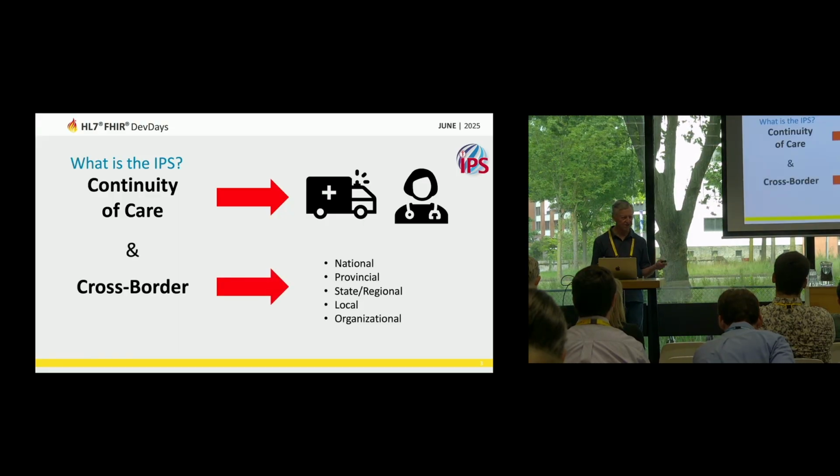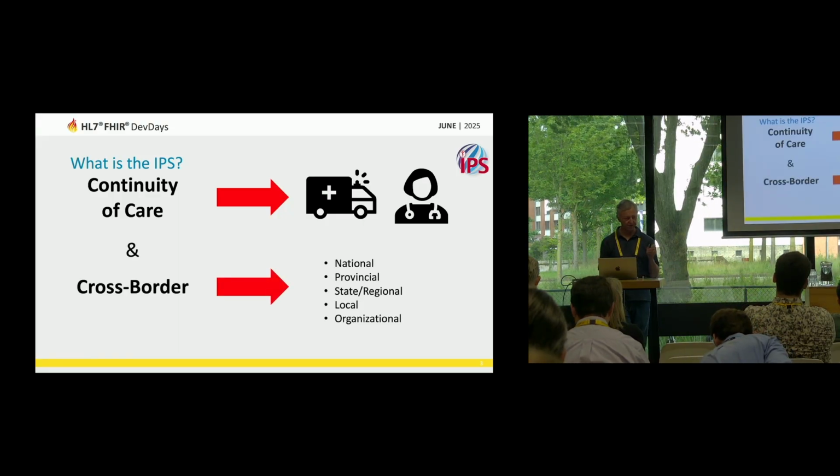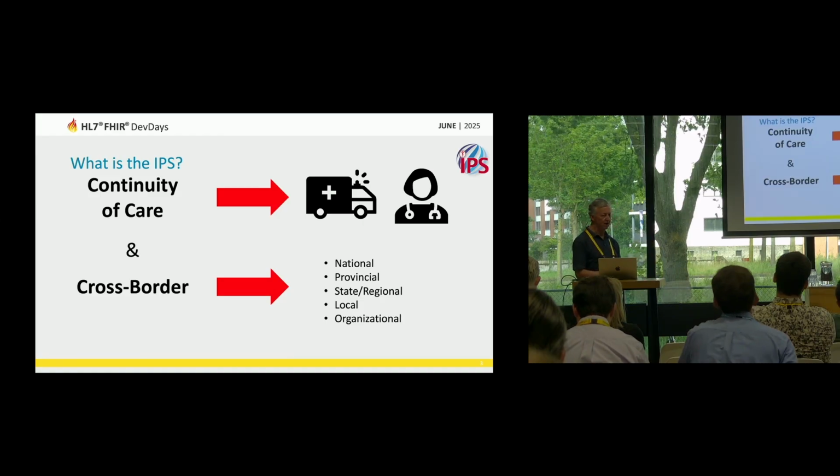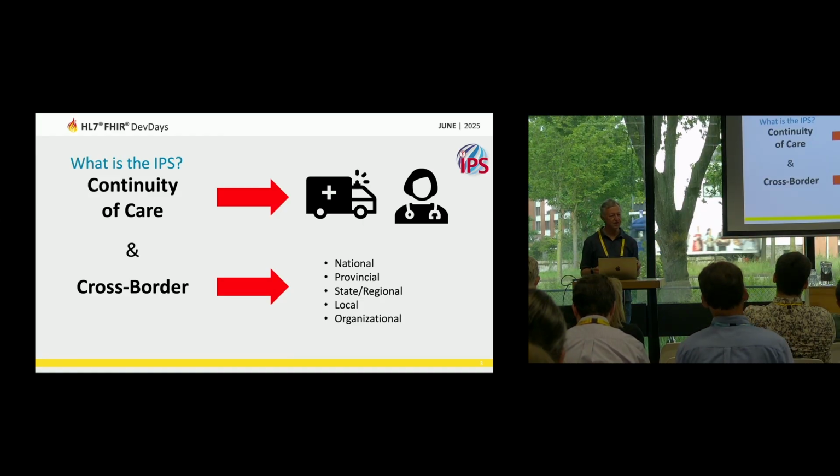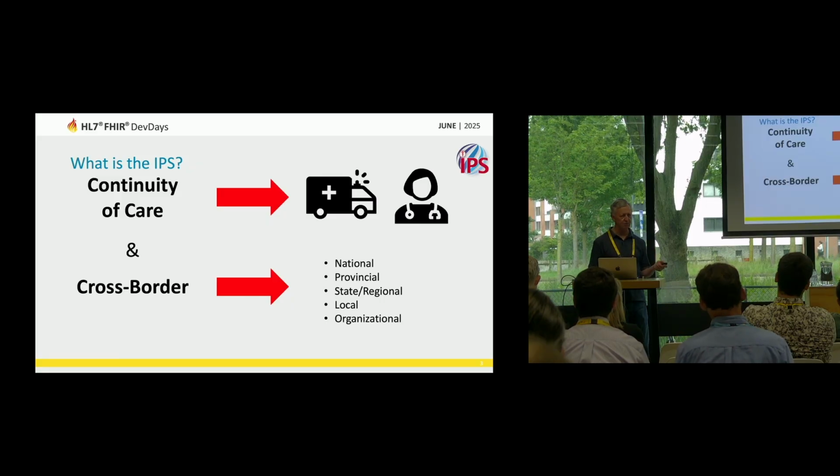That gets into the cross-border idea, but it's really important when we talk about cross-border with IPS that we talk about national borders as the high-level prototype, where we're traveling internationally, but really there are lots of other borders that we encounter in health. Many of those may be provincial or state and regional.